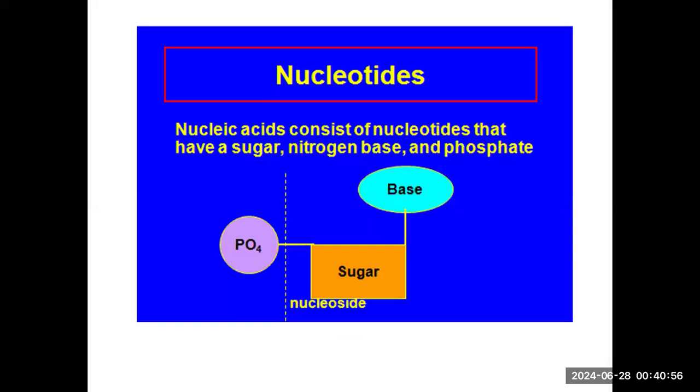Nucleotides, as I pointed out, are composed of purine or pyrimidine bases attached to sugar, ribose or deoxyribose, and finally attached to phosphate. If bases, purine or pyrimidine, are attached to sugar, then it is known as a nucleoside. And if we add phosphate to the sugar of the nucleoside, then it becomes a nucleotide.